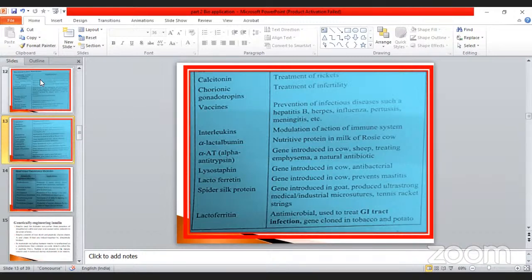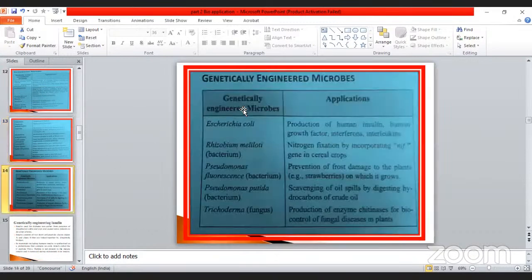So in this part, the question is there. Okay. So go to the next one: genetically engineered microbes. Not only protein molecules are produced by genetic engineers, but also some microorganisms are produced by genetic engineers.